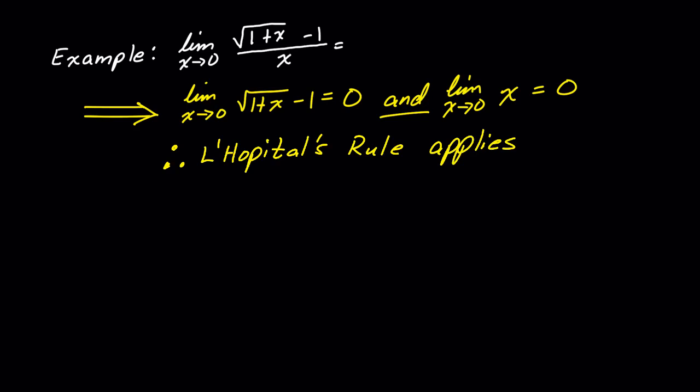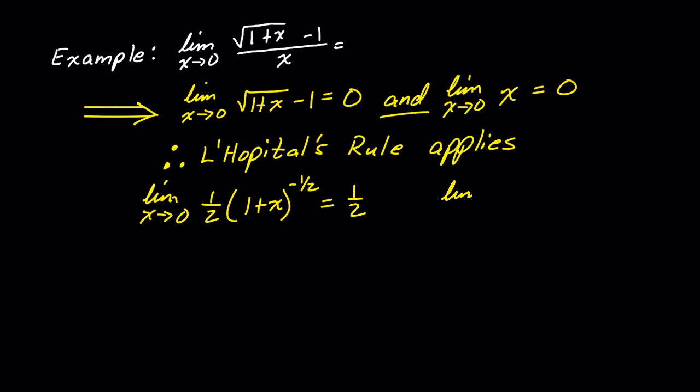And L'Hopital's rule says the limit as x approaches 0 of the numerator, or f of x, well, that would be the derivative of square root of 1 plus x minus 1. And that's going to give us 1/2 times (1 plus x) raised to the negative 1/2. And if we substitute 0 in here, you're going to get 1 plus 0, which is 1. 1 raised to any power is 1, times 1/2 would give us 1/2.